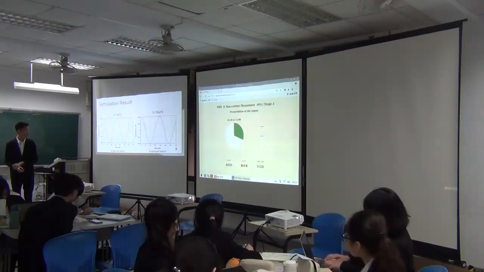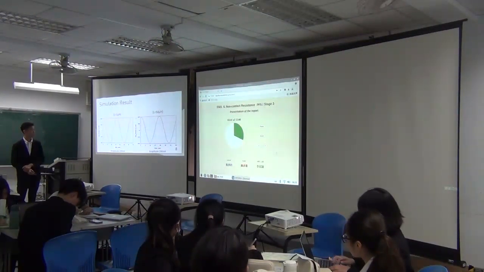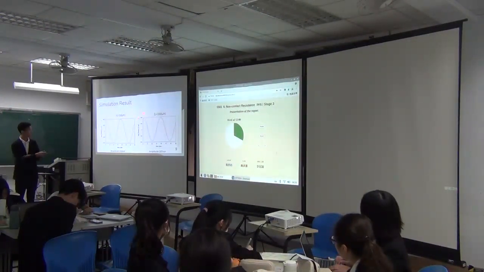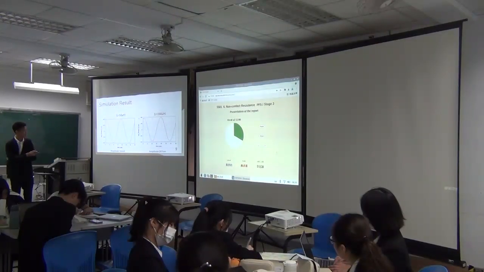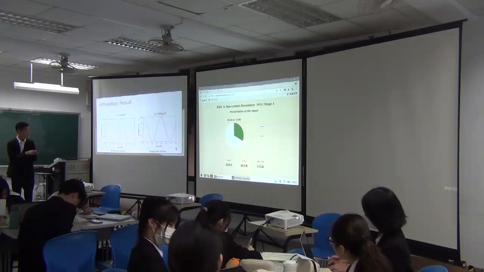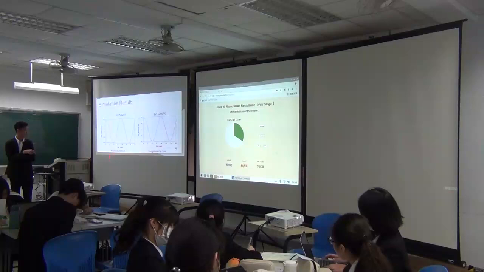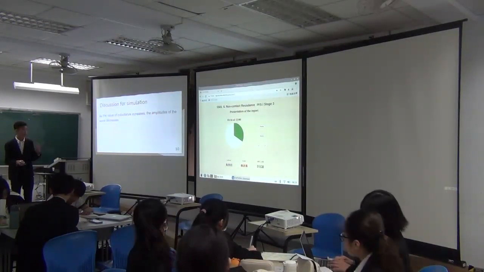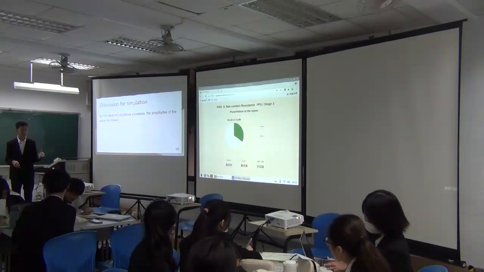As you can see here, when we increase the inductance, the amplitude of the current simply decreases, and that's the relationship between the inductance and the whole system.